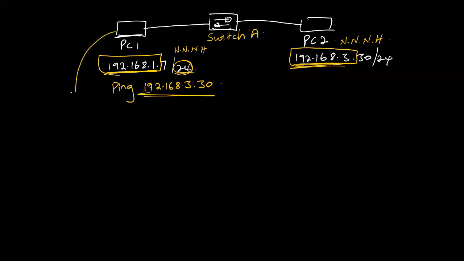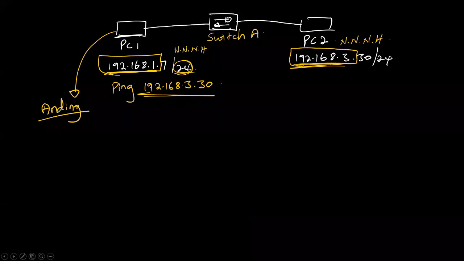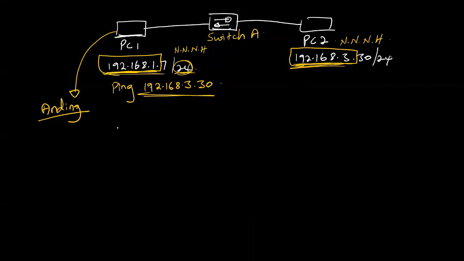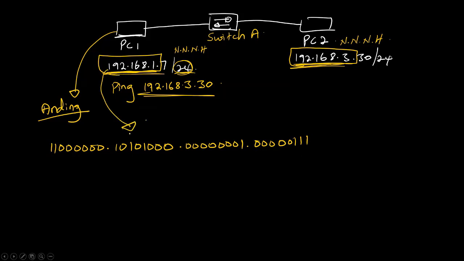This PC is going to perform the process called ANDing. Remember, PCs are very good with zeros and ones, so it is going to convert this into binary. Let me convert it real quick. This is the address in binary.